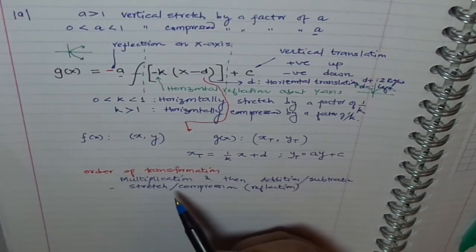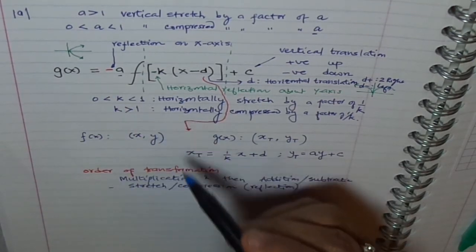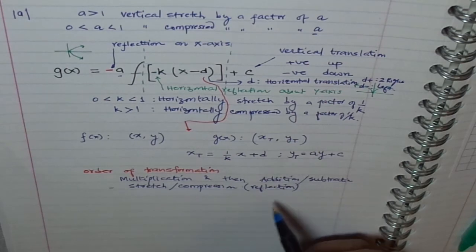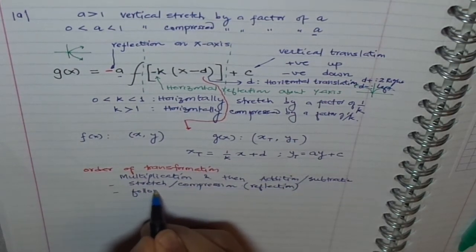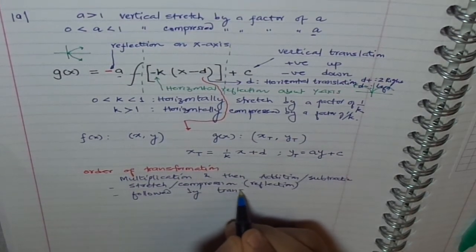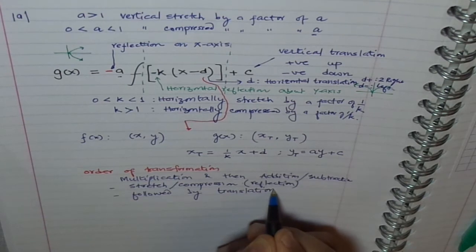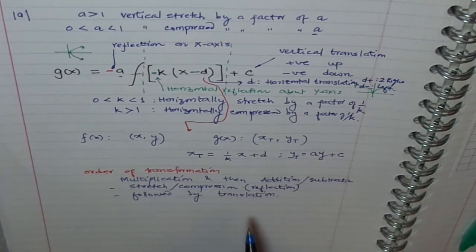When we say stretch by a factor of 2, and if it is minus 2, instead of going up, we can go down, right? We reflect it at the same time, followed by translation.